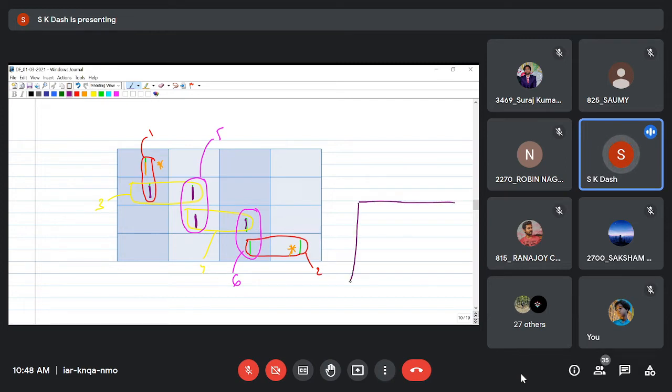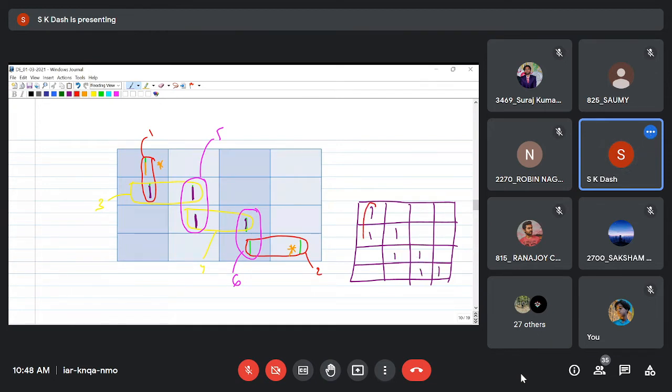So next what to do? Let me draw again. 1, 2, 3, 4. So those two are essential. Using essential pairs, how many ones are covered? 4 ones are covered.